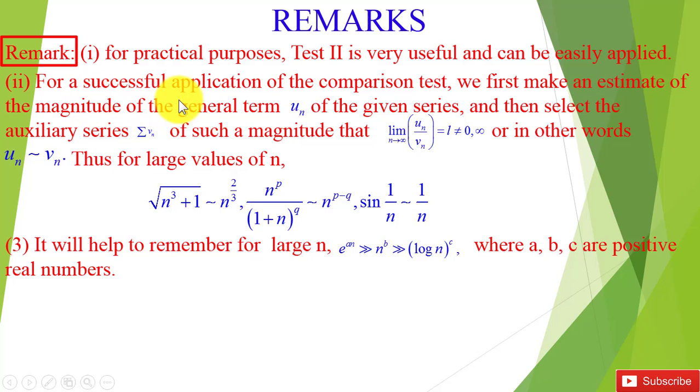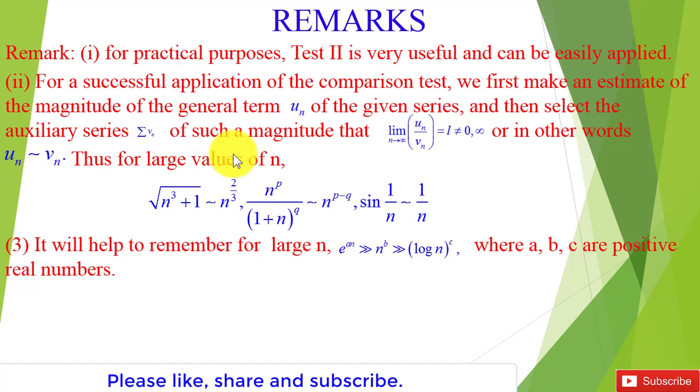For a successful application of the comparison test, we first make an estimate of the magnitude of the general term un of the given series, and then select the auxiliary series sigma Vn of such a magnitude that limit n tends to infinity un by Vn is equal to L, which is not equal to 0 or infinity, or in other words, un is equivalent to Vn.